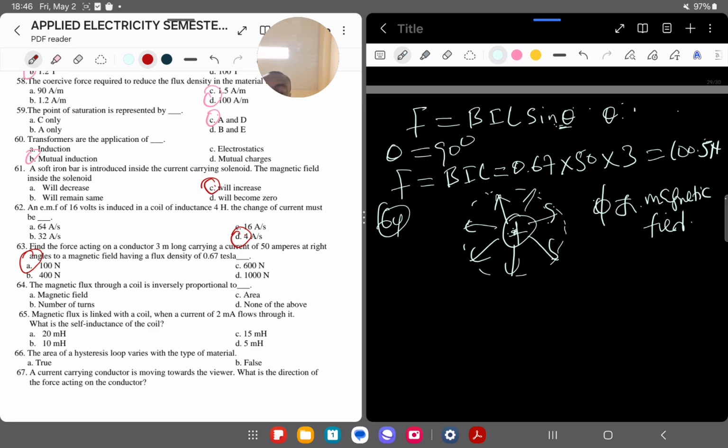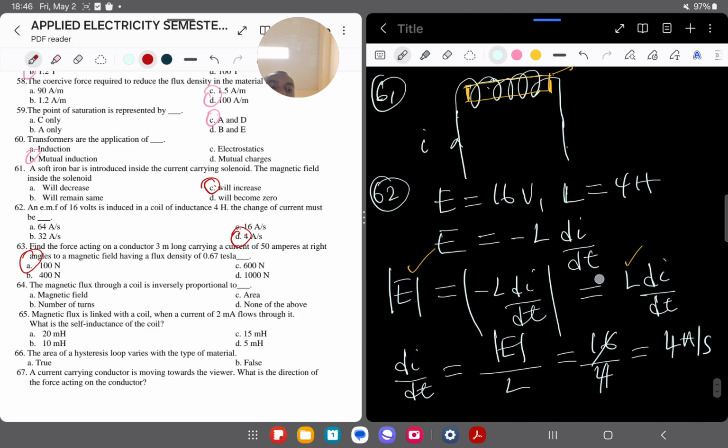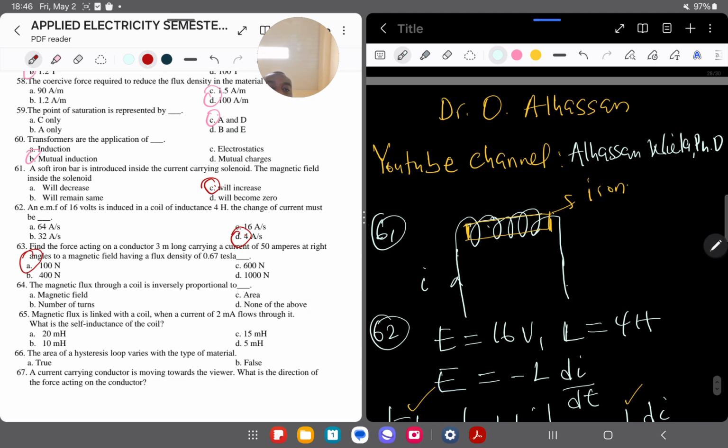Then B, the number of turns. If you have a coil, like we indicated earlier, the number of turns in this coil is also proportional to the magnetic flux.